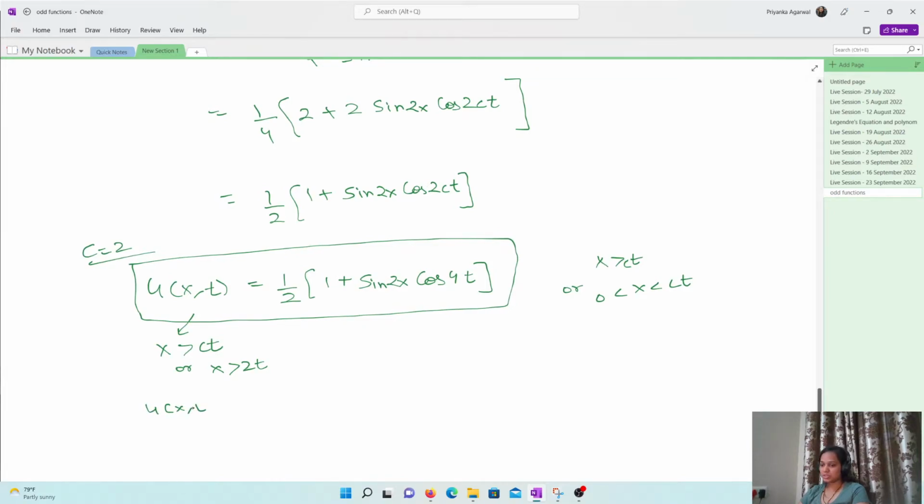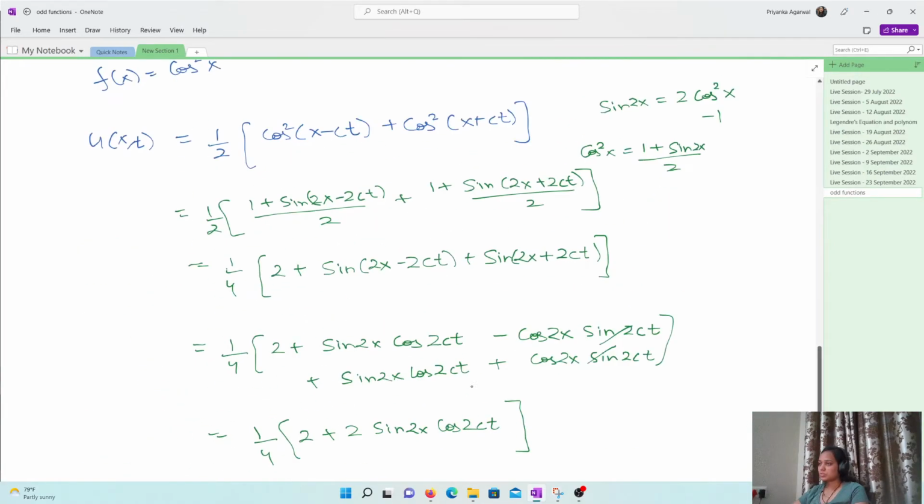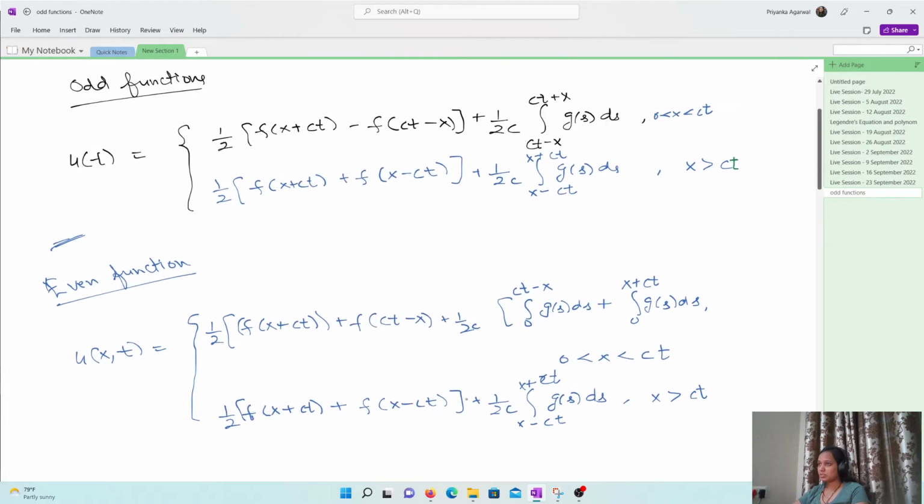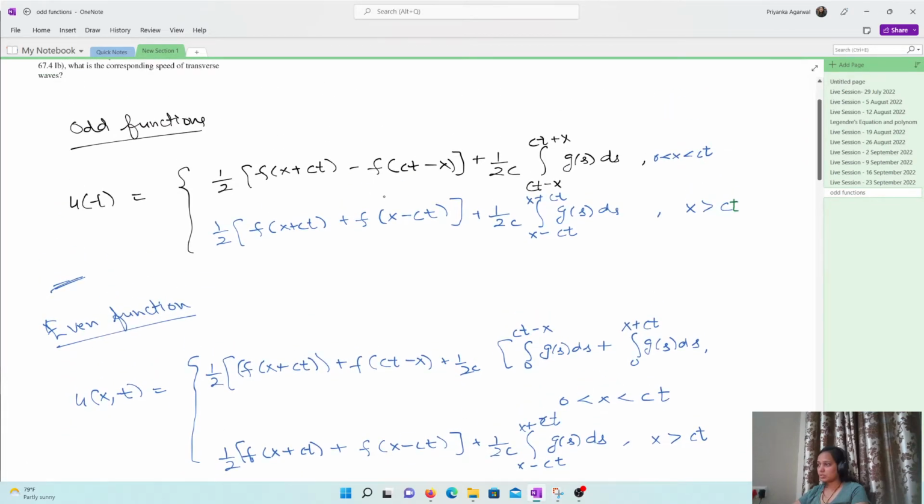and similarly u of x comma t can be solved for x less than 2t but greater than 0. So you can simply use this. Okay, see, in all these solutions, the g function is 0, so these all vanish. So the only terms we are left with are either this or this.